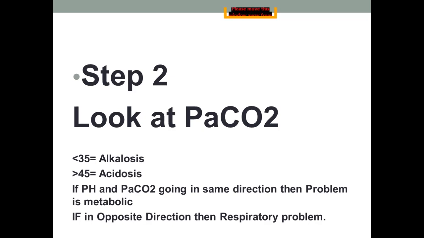When you see partial pressure of carbon dioxide and pH both going in the same direction, both increasing or both decreasing, then the problem is metabolic. And if these two values are going in opposite directions, then the problem is respiratory.